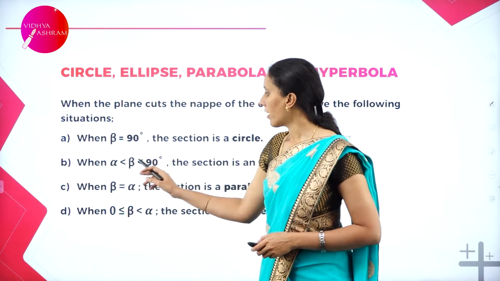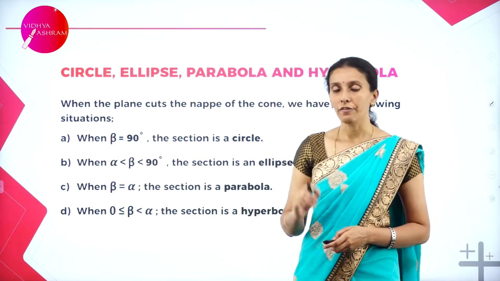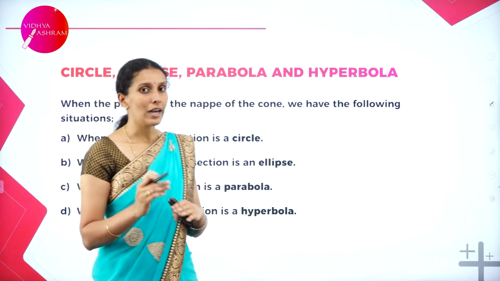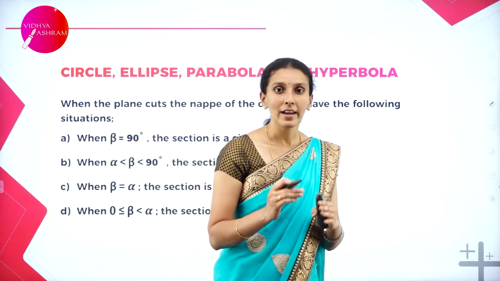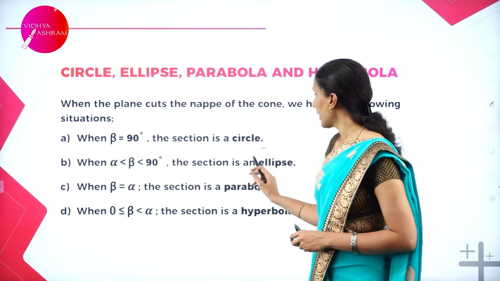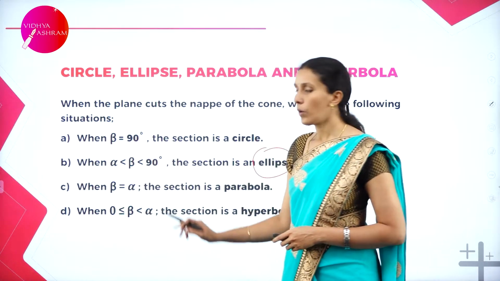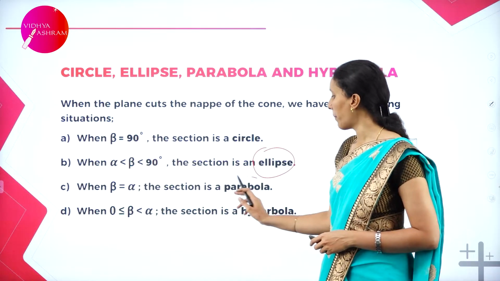Similarly, when alpha and beta are less than 90 degrees, that is, when both the intersection angles between the plane and cone are acute, then you will get a curve called ellipse. When beta is equal to alpha, the section is a parabola.